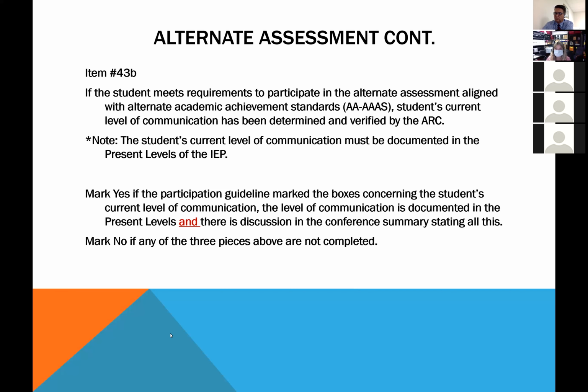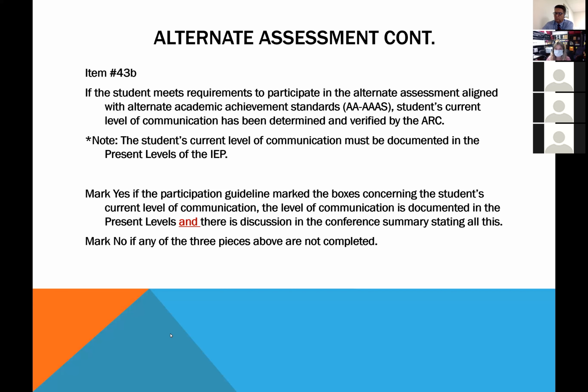If any of those three are missing, then we're going to have to mark no. Sometimes we think that, well, we've marked it in the participation guidelines, so we don't have to put it in the present levels, or we don't have to write it in the conference summary. Again, that conference summary is telling what happened in the whole entire meeting. So we need to make sure that it is listed in there, and it has to be in the present levels as well.